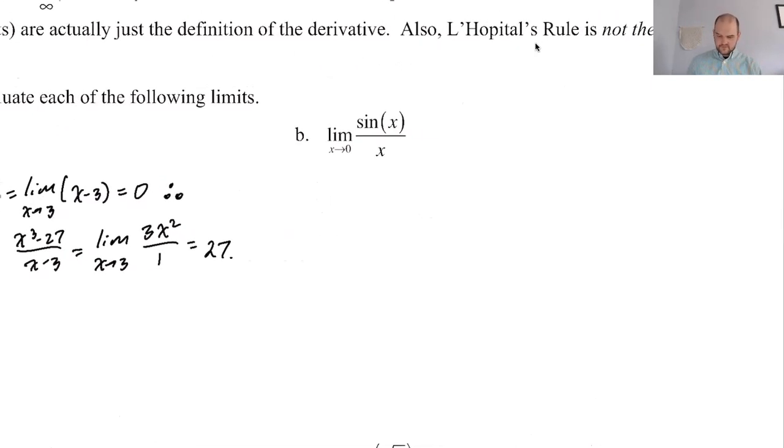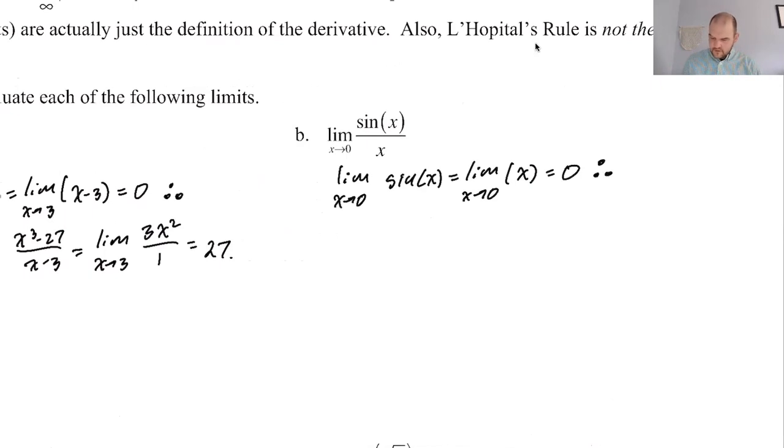So let's try this one. The limit as x approaches 0 of sine of x is equal to the limit as x approaches 0 of x, which equals 0. Okay, so we get 0 over 0, basically. Therefore, by L'Hopital's rule, I'll abbreviate, but come on.